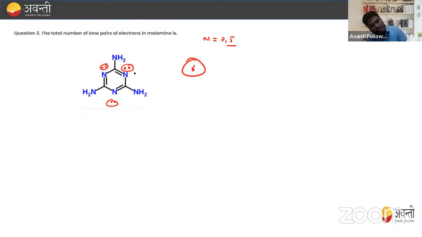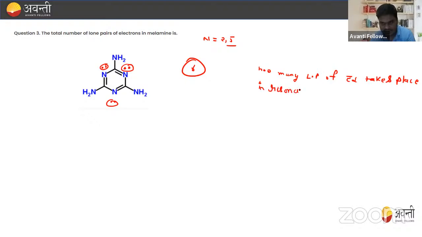If someone asks how many lone pairs of electrons take place in resonance of nitrogen, we can say 3 lone pairs, like this one and N2 and N3.